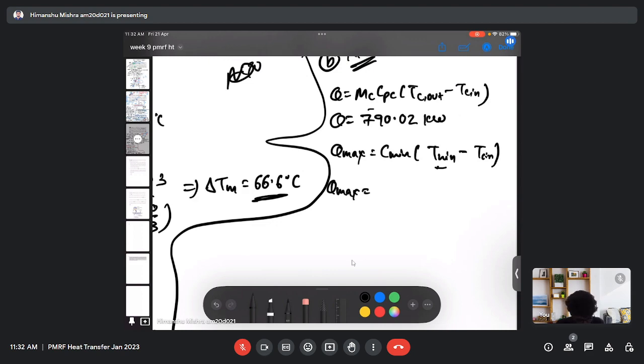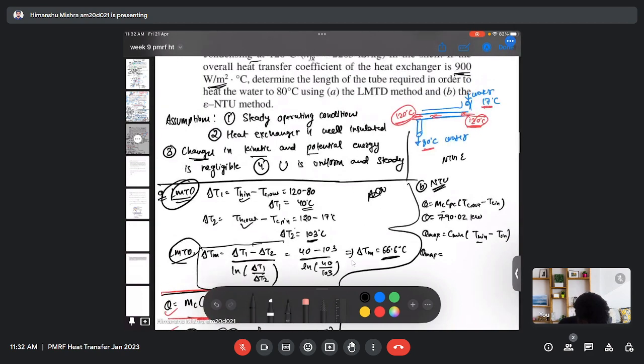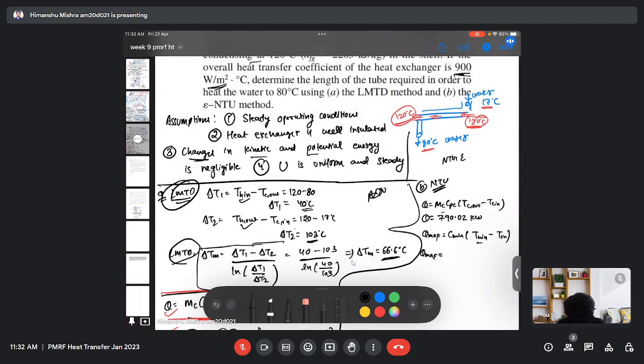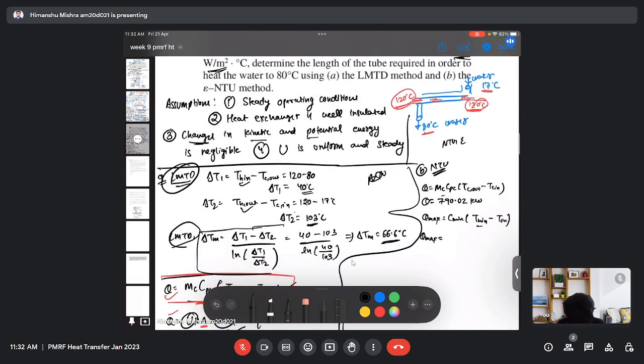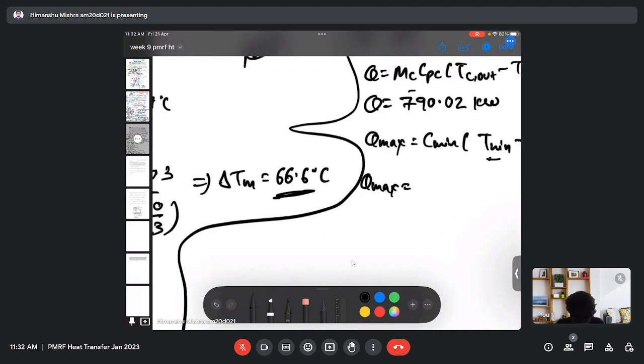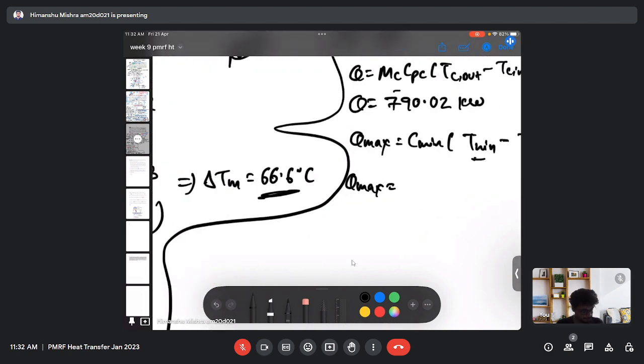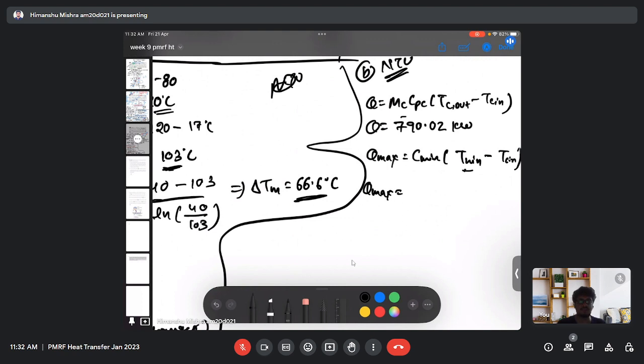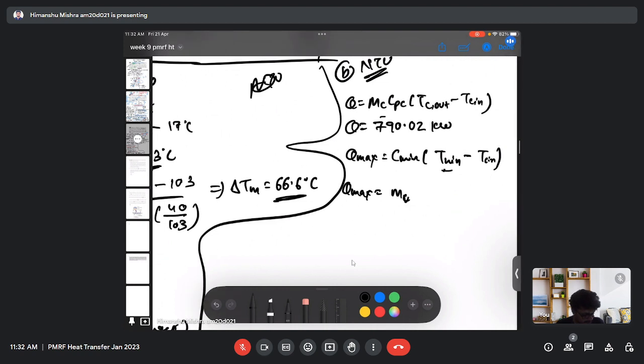So my minimum heat capacity rate: since there is evaporation or condensation in one fluid, the other fluid will automatically have the minimum heat capacity rate. So we just need to calculate the heat capacity rate for the water.